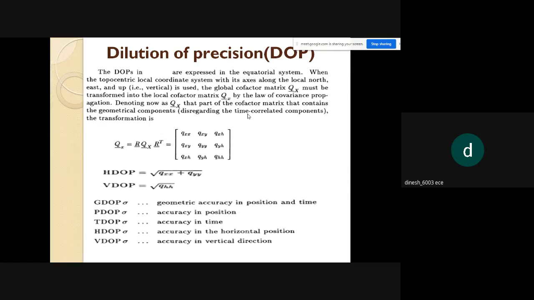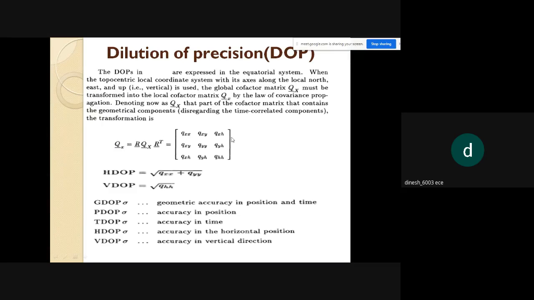So this is to be transformed from the global cofactor matrix Qx into a local cofactor matrix using the law of covariance propagation, which is given as this: Qx local is equal to R Qx RT.